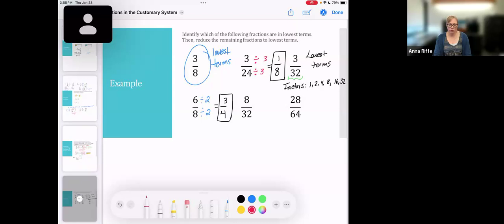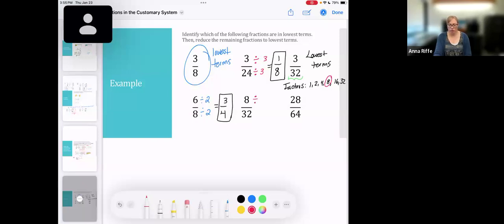Okay, let's move on to 8/32. There are actually a number of common factors here. I noted up above that 8 is actually a factor of 32.